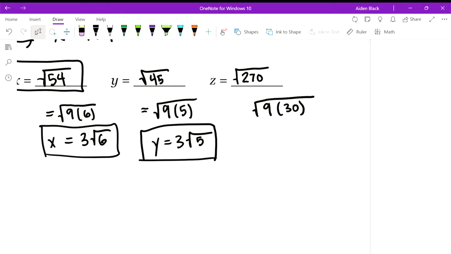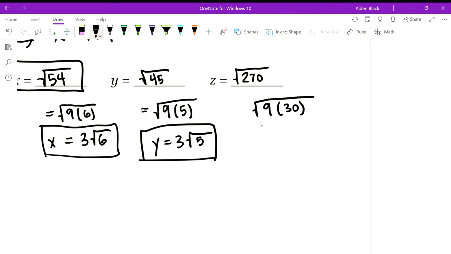Now 30 I can break down more, but are there any squares in 30? Well, 16 doesn't work. There's no way that 25 works. Is 30 divisible by 9? Is it divisible by 4?